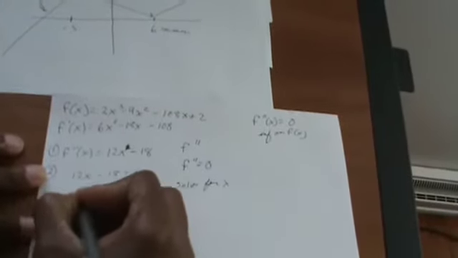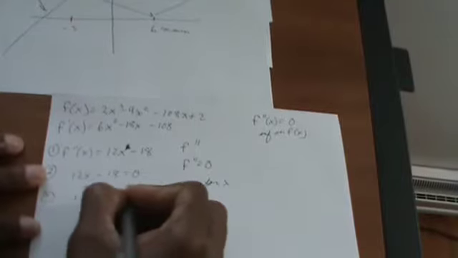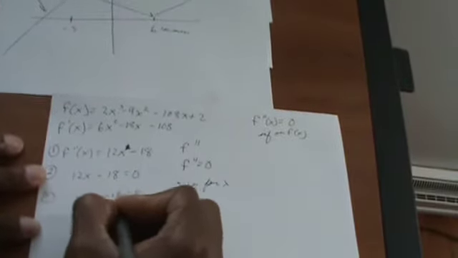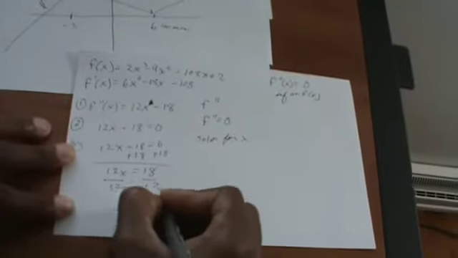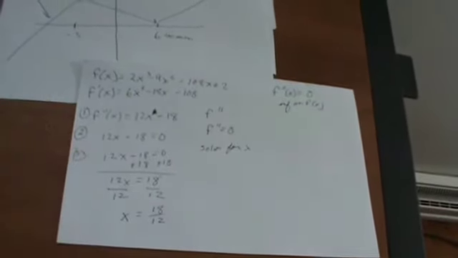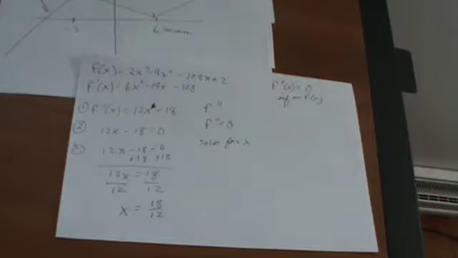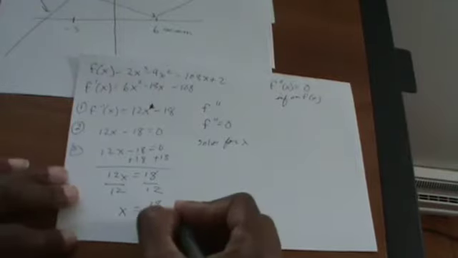So let's see, 12x minus 18 equals 0, add 18, add 18. So 12x equals 18. Then you're going to divide by 12, divide by 12. So then x equals 18 divided by 12, which you can always convert to a smaller fraction if you so decide. 3 over 2.